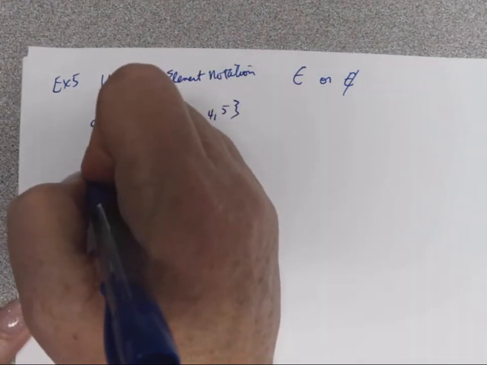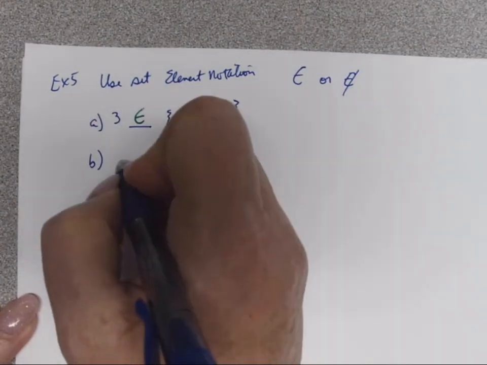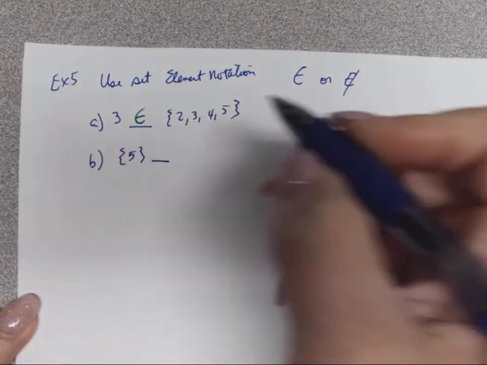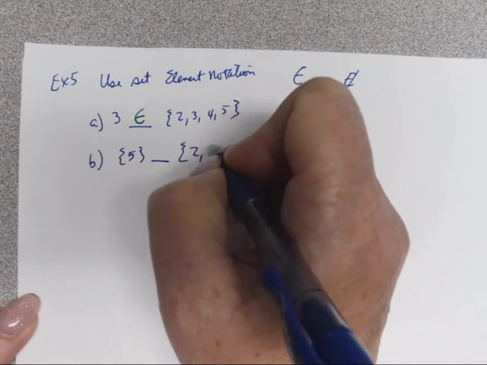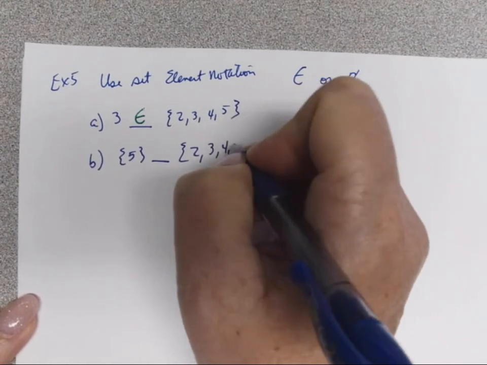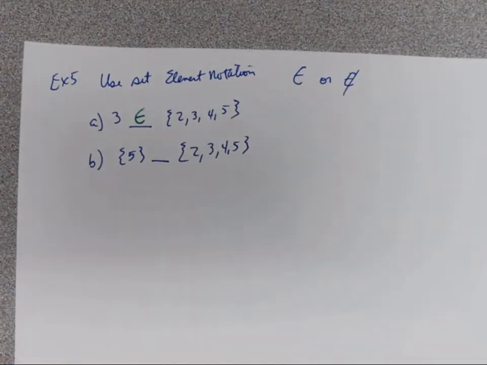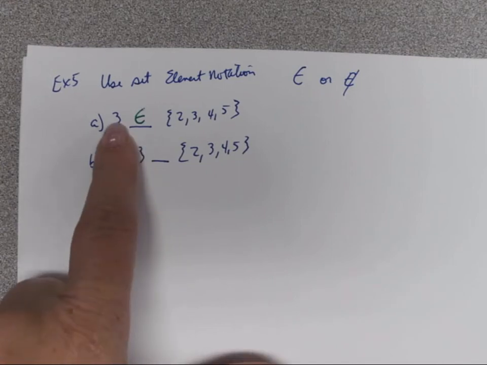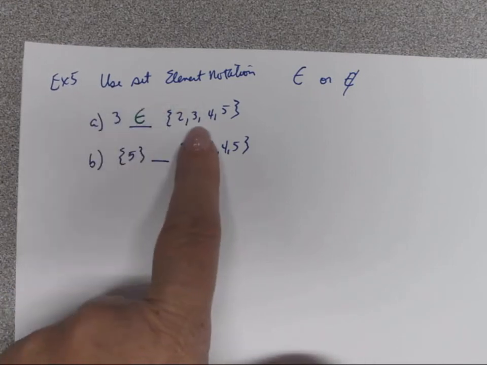Now if I look at B, and I have the singleton set of 5 with a blank, and I have the same set, 2, 3, 4, and 5. Now, is this an element or is it not? So what I want you to notice is the difference here. This is just a 3 and just a 3 is in there.